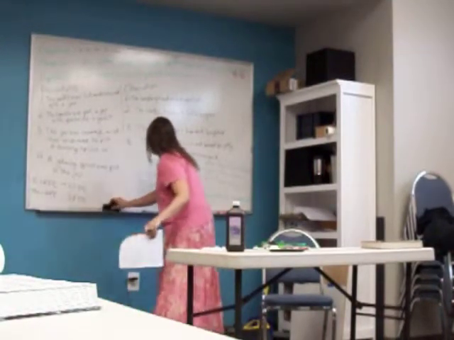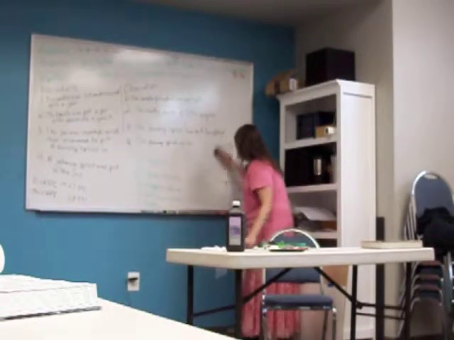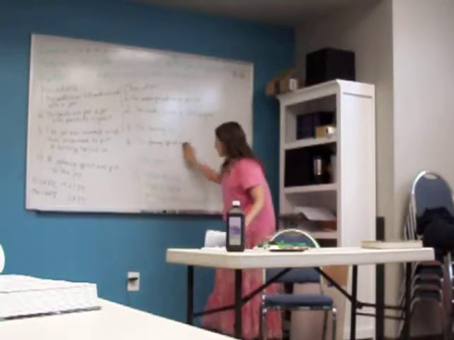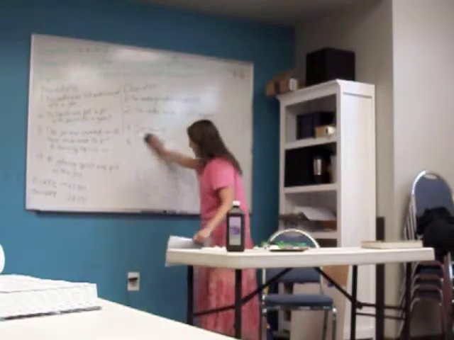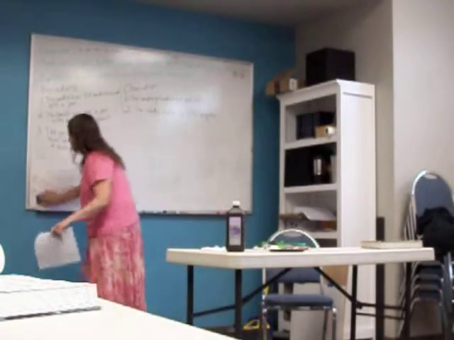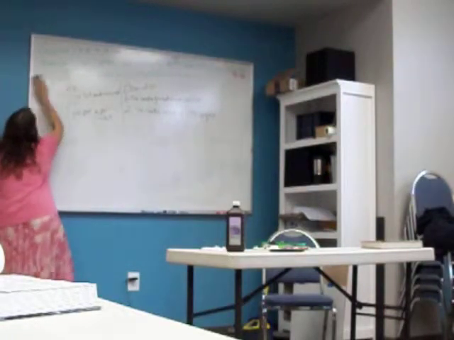I'm writing on this board for a minute. Parts per million is going to test your knowledge of both percentages and fractions a little bit. But I'm going to give you the Cliff Notes version of what you must know for the test.